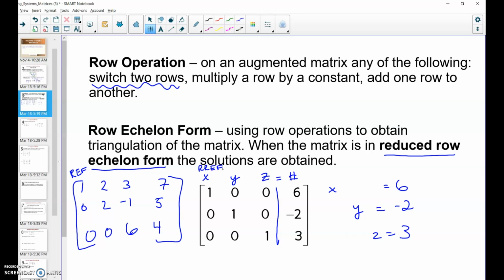Okay, so row echelon form it's still in the triangle. Okay, you have Z, then you go Y, X as you work your way from the bottom row to the top. But you have all these extra numbers. You don't just have ones on the diagonal, then zeros. Reduced row echelon form has 1 on diagonals and then 0 everywhere else.